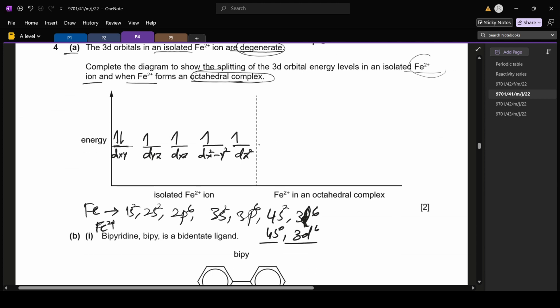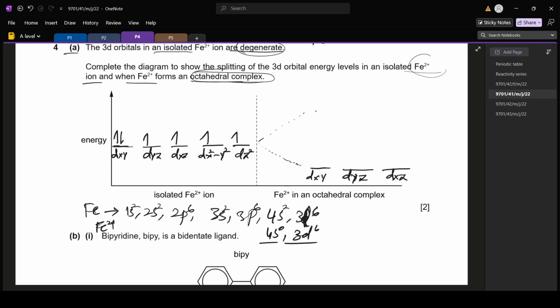When it forms a complex, it splits into two portions, a higher energy level and a lower energy level. In the lower energy level, in an octahedral complex, we have dxy, dyz and dxz.